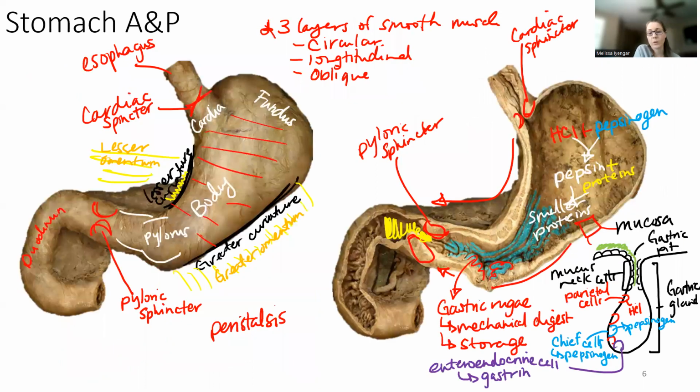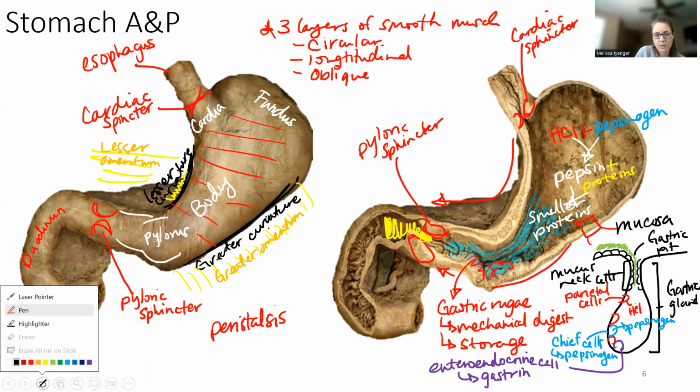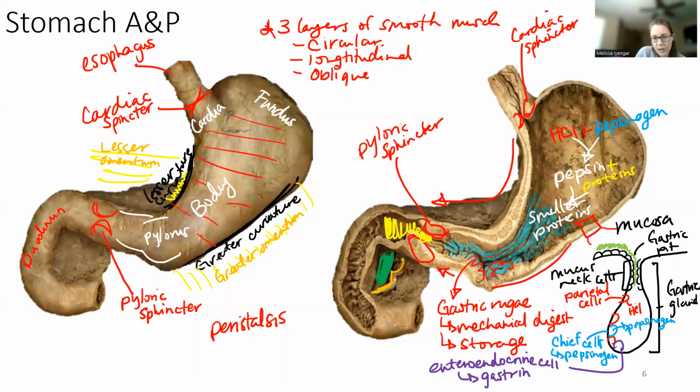So remember back here where I said the stomach is going to push food, or push chyme, towards the pyloric sphincter. The pyloric sphincter relaxes, and about a milliliter of chyme enters the duodenum. And then you can kind of see in this picture, there's a duct right here, and there's another duct right there, leading to that opening right there.